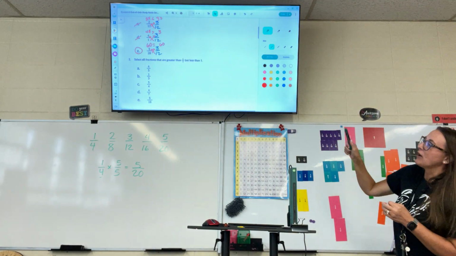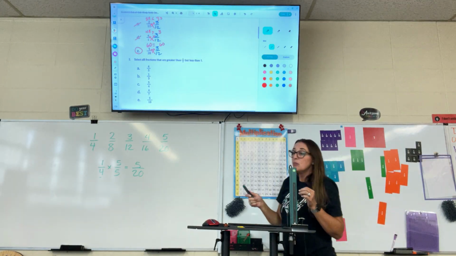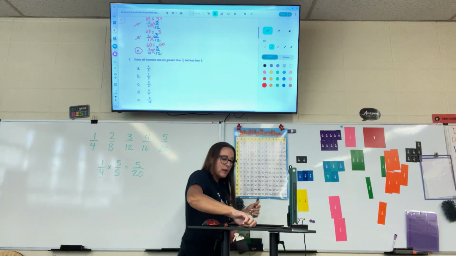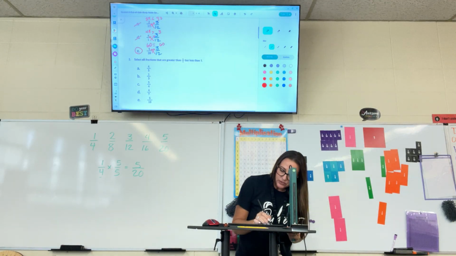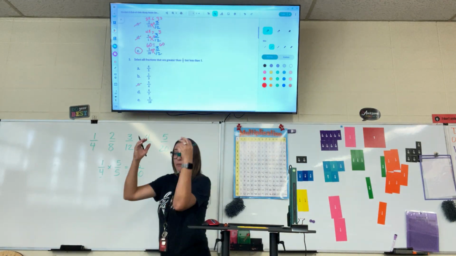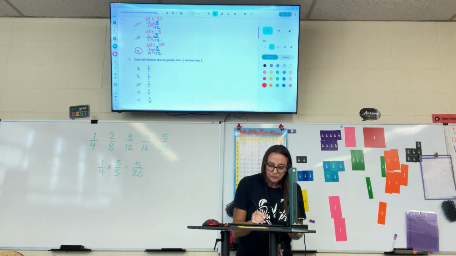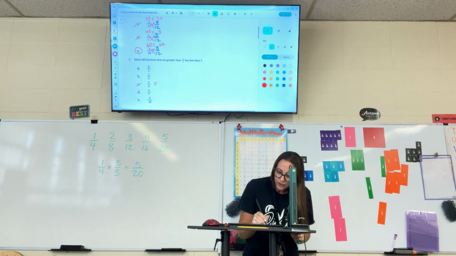Do you see any fractions up there that are bigger than 1 whole, Holly? 5/4. So we're going to go ahead and get rid of 5/4 because 5/4 has a bigger number on top. That means it's greater than 1. So next to 5/4, go ahead and write greater than 1.